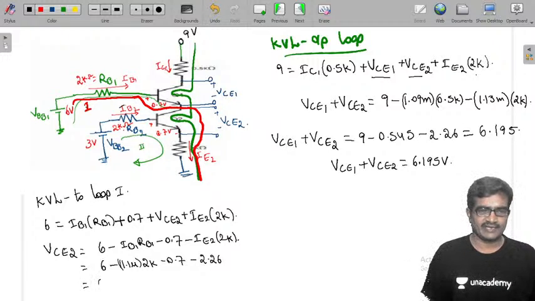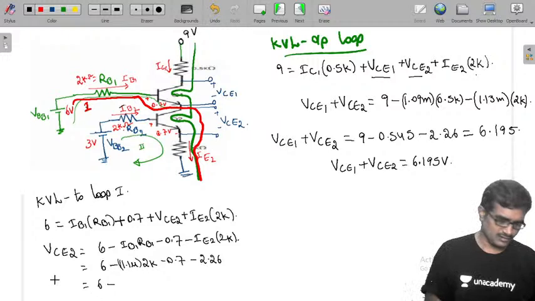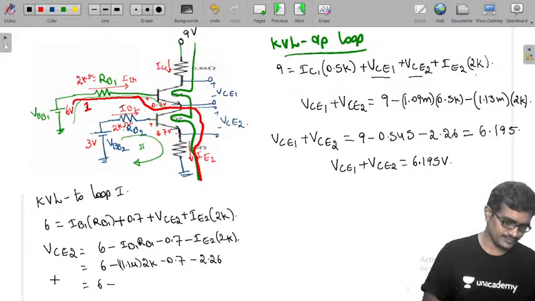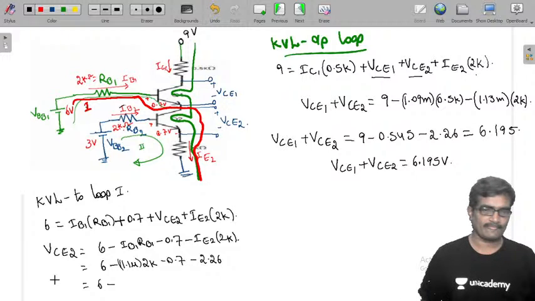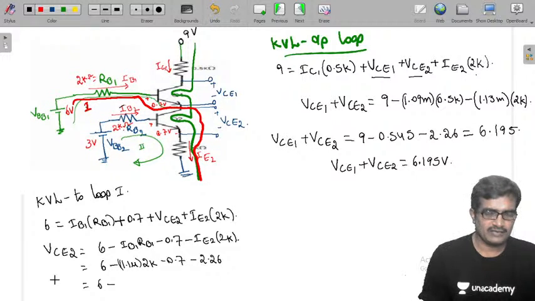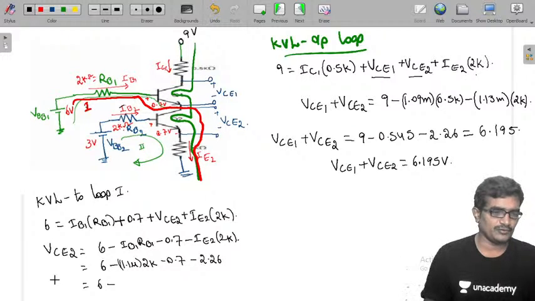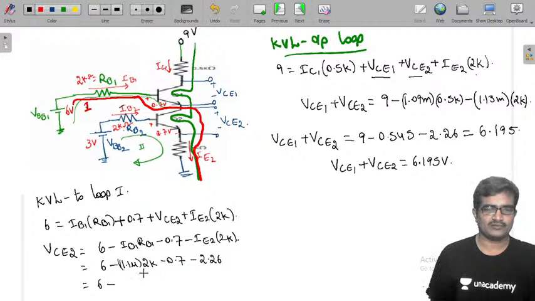Now it is 6 minus 11.1 into 2, so 22.2 millivolts, that is 0.022 volts, minus 0.7 minus 2.26.